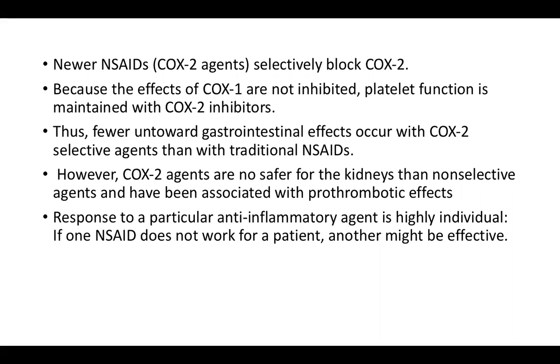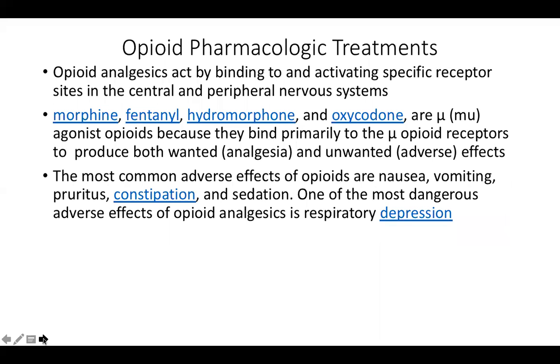Now opioids, very powerful analgesics. Opioid analgesics act by binding to and activating specific receptor sites in the central and peripheral nervous system. Morphine, fentanyl, hydromorphone, oxycodone, these are mu receptor agonists.